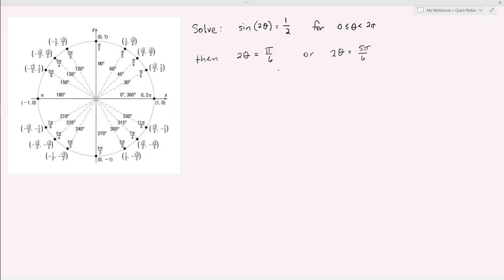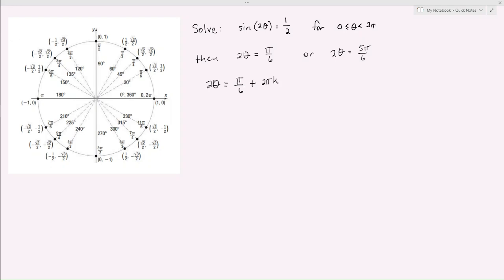Okay, and now we have to take into account that there are many angles on the period of 2 pi. So what we really mean is that 2 times theta is equal to pi over 6 plus 2 pi times k for some integer k.